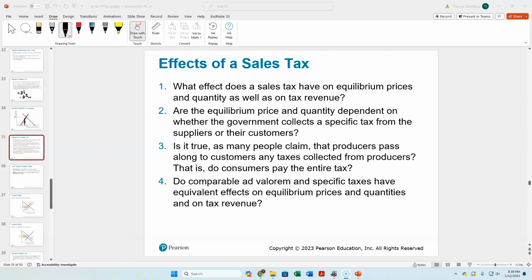Now, when we talk about who pays the taxes, sometimes we confuse things by talking about who has to legally give the tax money to the government that's collecting the tax, which is what we call the legal incidence of the tax. That's not really that important. What matters more is the economic incidence of the tax.